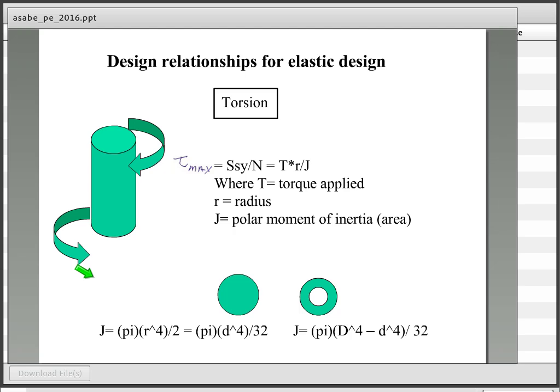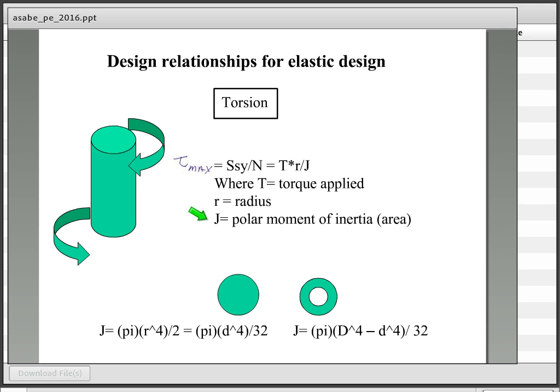That is, we would not want to design any higher than the yield in shear divided by our factor of safety. But that stress is going to be the torque times the radius of a circular cylindrical part like this divided by J, where J is called the polar area moment of inertia, which is simply the sum of Ixx plus Iyy.